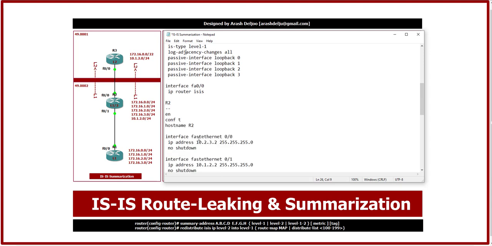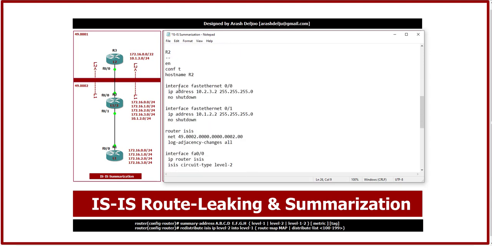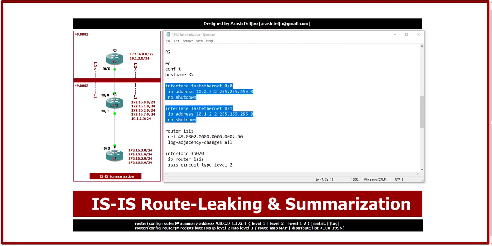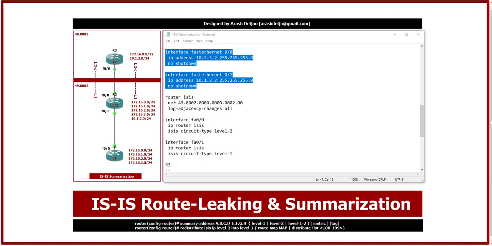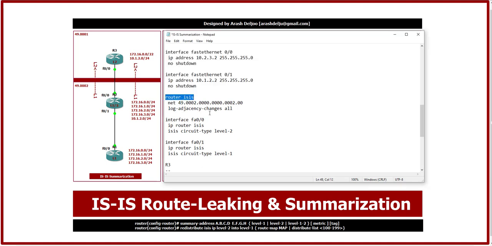And then in router 2, we have 2 physical interfaces, FastEthernet 0/0 and FastEthernet 0/1. The IP address of FastEthernet 0/0 is 10.1.23.2/24, and FastEthernet 0/1's IP address is 10.1.12.2/24 with the no shutdown command. After that, I enabled ISIS. This is the level 1-2 router.